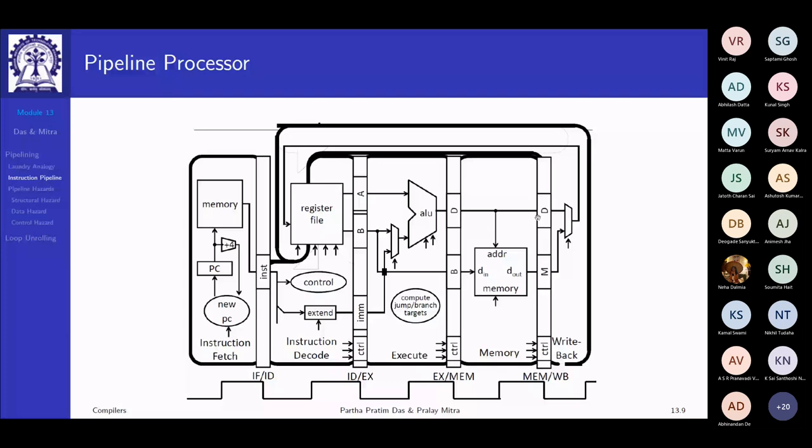You have a selector here, a multiplexer, and then you put it back to the register file. The reason I'm highlighting and recapitulating this architecture is because this is a generic representation of the architecture, which the compiler has to keep in mind while it does the code generation and the optimization.